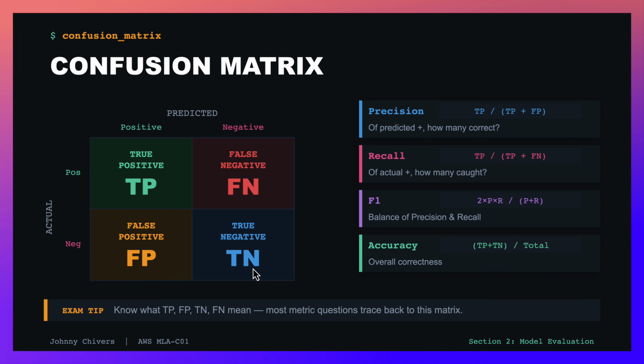So let's go through that again. Let's do it slightly different this time. If something is positive in the actual and then it's correctly predicted positive, it is true positive. If something is negative in the actuals and it's predicted negative, then it's true negative. Those are the easy ones.